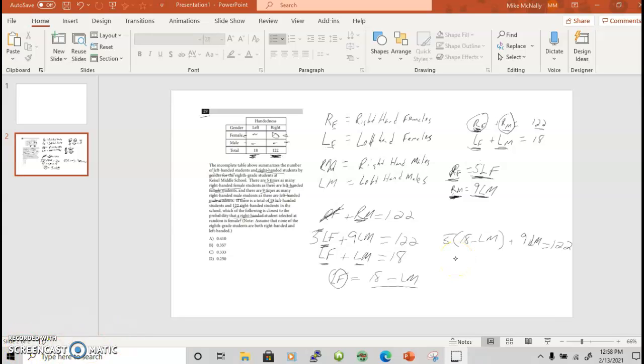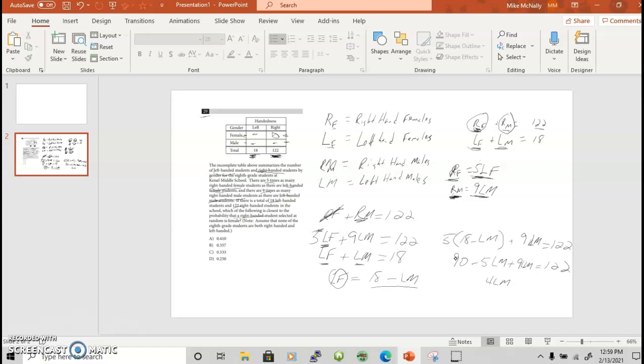And then now we can start solving. 5 times 18 is 90. Minus, we distribute that out, 5LM plus 9LM equals 122. We're going to have negative 5LM plus 9LM giving us 4LM.